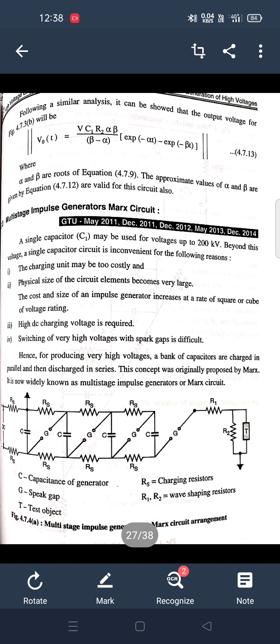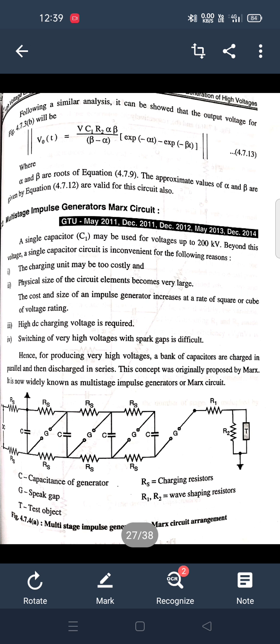A single capacitor C1 may be used for voltages up to 200 kilovolt, but beyond this voltage a single capacitor circuit is inconvenient because of the following reasons. The charging unit may be too costly, the physical size of the circuit elements becomes very large, and the cost and size of an impulse generator increase at a rate of the square or cube of the voltage rating.